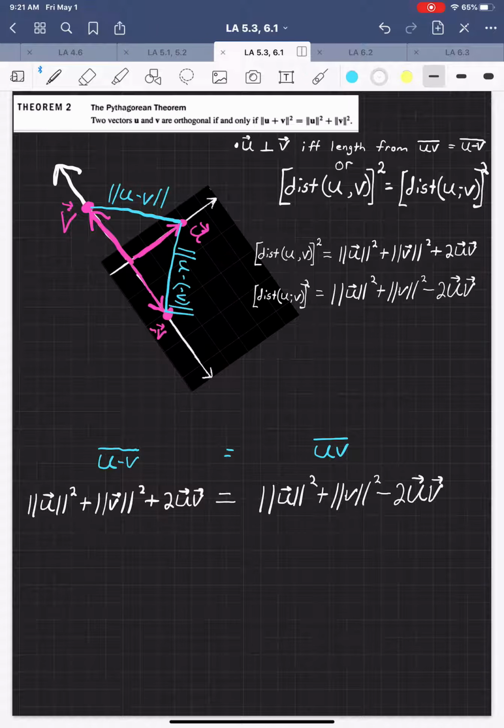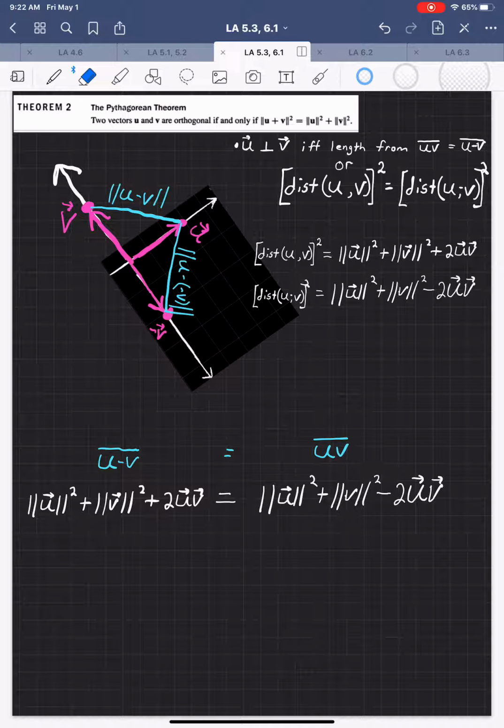Okay, so what I've done, and this is just using some basic theorems that we've discussed on the previous page. We use theorem 1b, theorem 1a multiple times. In other words, I can rewrite the distance from u to v squared, and let me make sure I'm writing each one of these correctly, because I threw a negative in there.